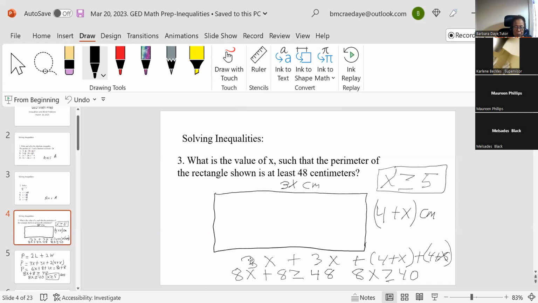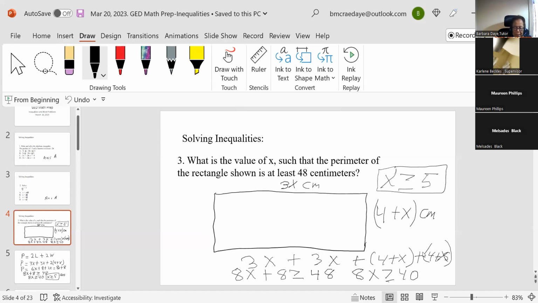I'm just looking at the numbers. You've got 4 sides, and you have 2 that are small: you got 3x, you got 3x, you got 4 plus x, you got 4 plus x.